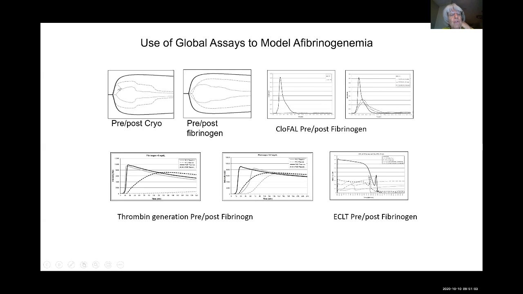And this is a person who got cryo. So you can see that because the thrombin generation is normal when you have no fibrinogen, because that's all before the fibrinogen, the lag time is normal. But you can see that this lag time is a little longer, that the rate of forming a clot is, the enzyme development is very slow. So this is very blunt and this is very acute.